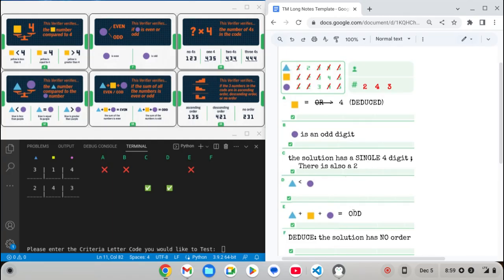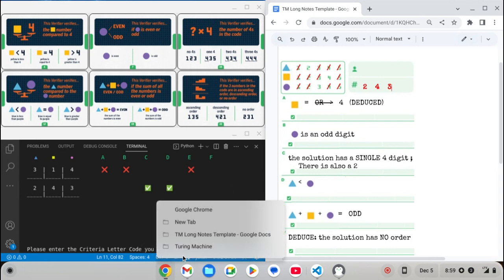Since the sum total has to be odd, and that's what it is, 6 and 3 is 9, that is odd. And our first is smaller than our last. Yeah, 2 is less than 3, and it has no order. It increases, then decreases. Well, that looks like a very promising solution.